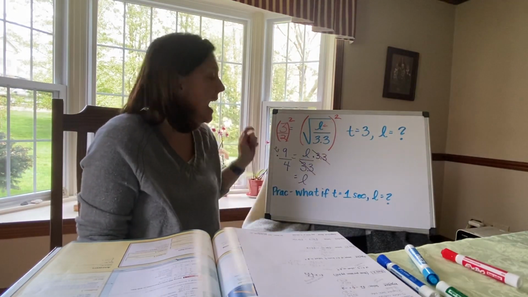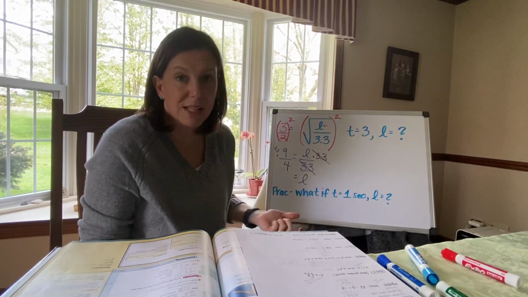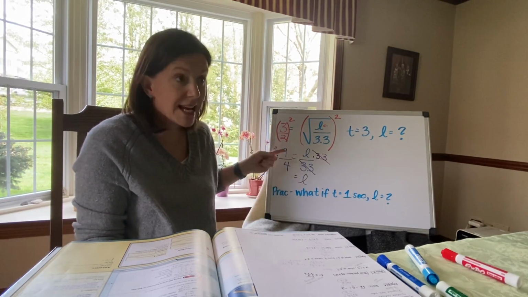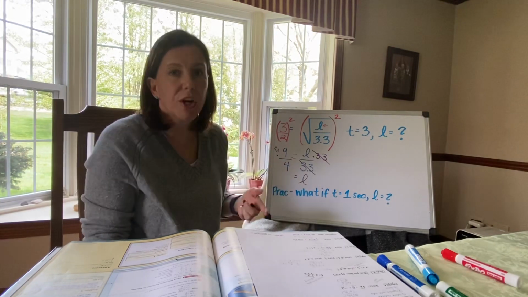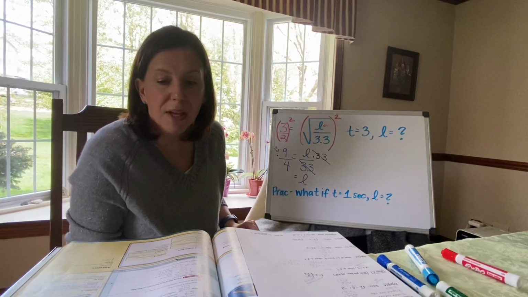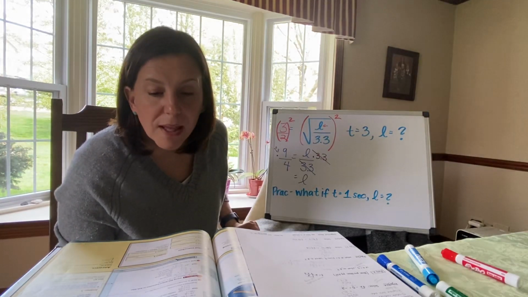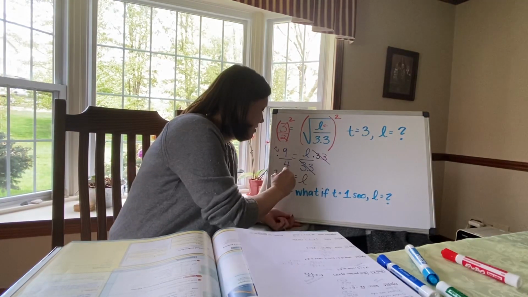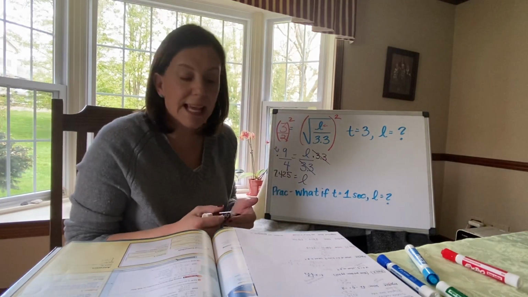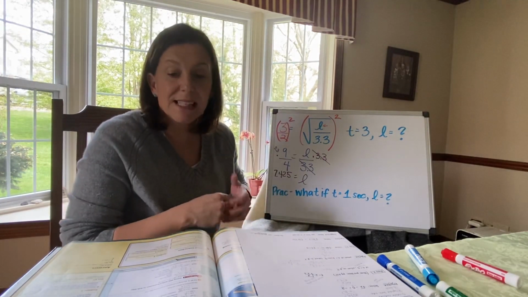Okay, I need my calculator anyways at this point. So 9/4 is 9 divided by 4, which if you did that on your calculator, you get 2.25. Multiplied by 3.3, let's see, what do we get? We get 7.425 as the length of my pendulum.